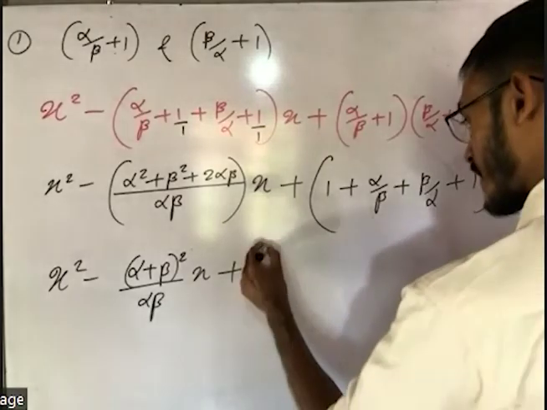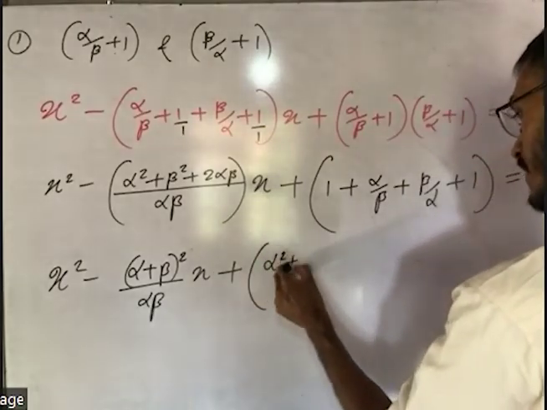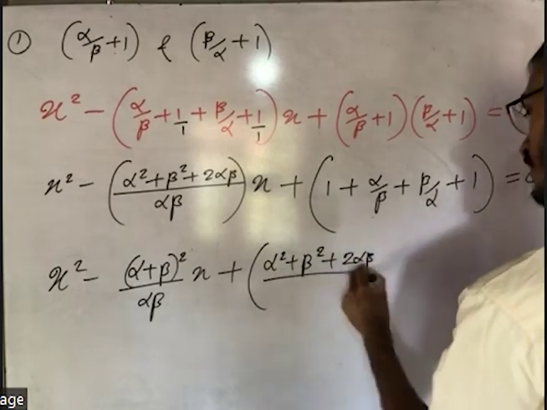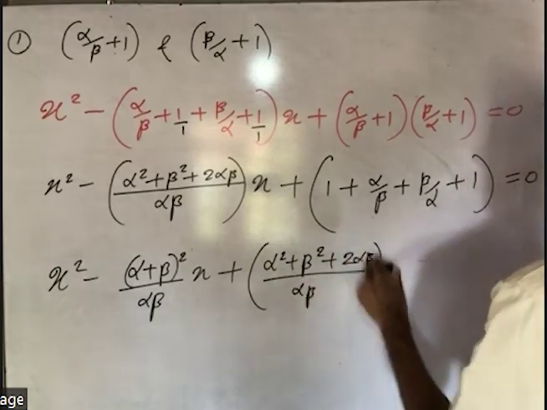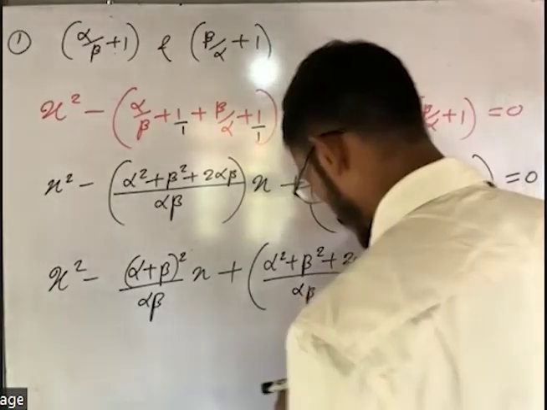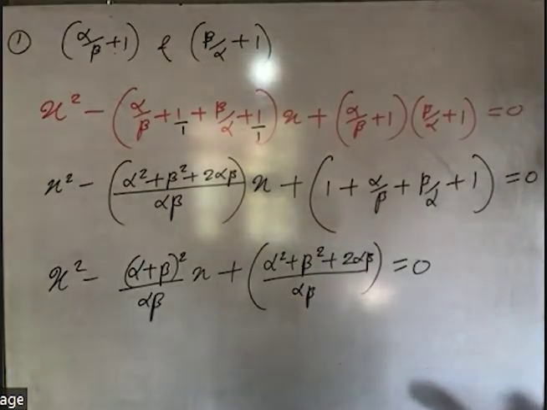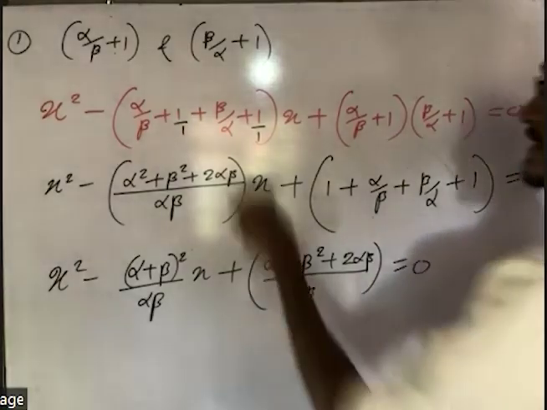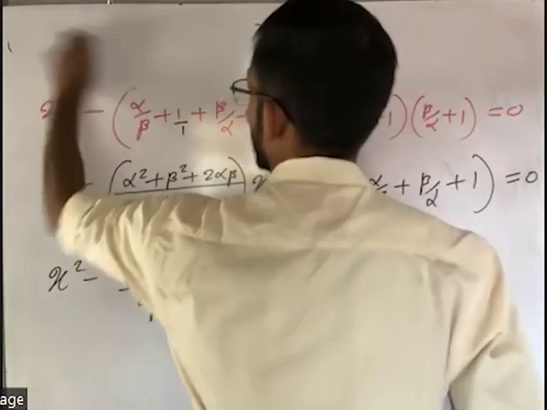So here we can write down alpha square plus beta square plus 2 alpha beta over alpha beta equal to 0, right?